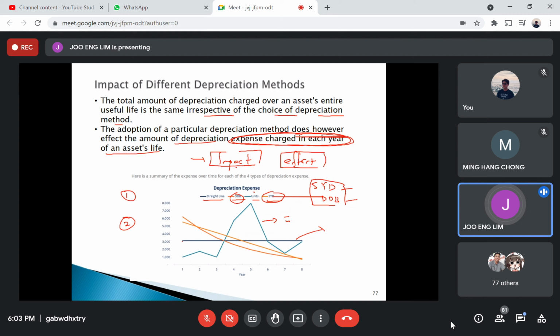A lot of the time when we choose, we are looking into the effect of it to see the results. In project analysis it is also the same. We like to look at how changing the depreciation technique affects our cash flow, and you may get a better result.